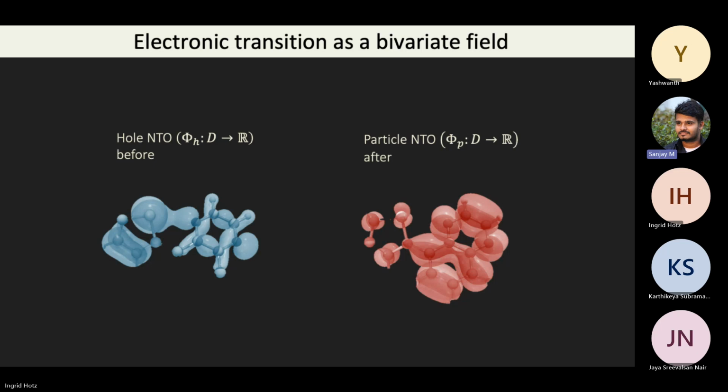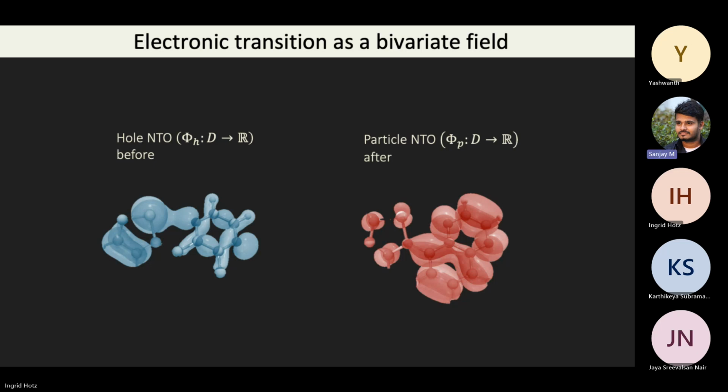And typically, maybe you remember from chemistry, if you have a molecule and you are shining light on it, your electrons will be excited and change the orbital. So from a chemistry point of view, this means that the density distribution of the electronic field changes. Before you have interactions, after you have interactions.